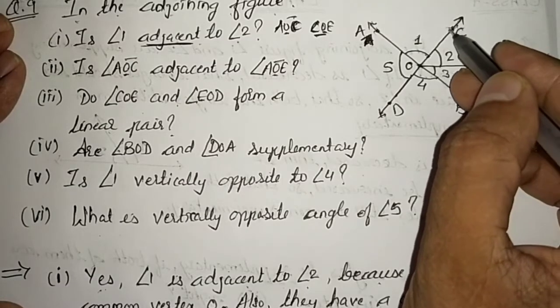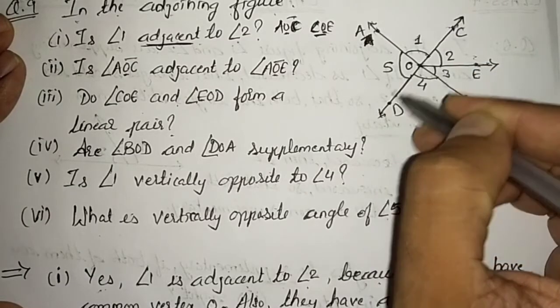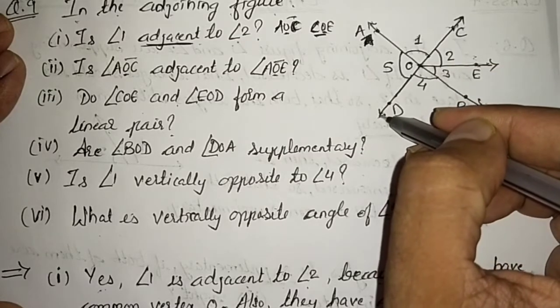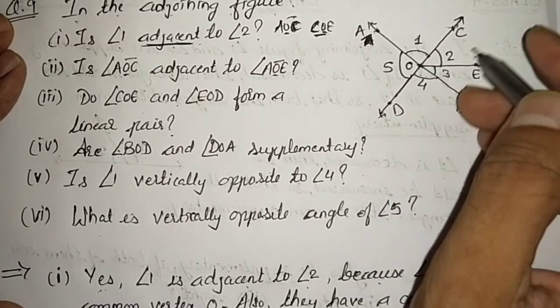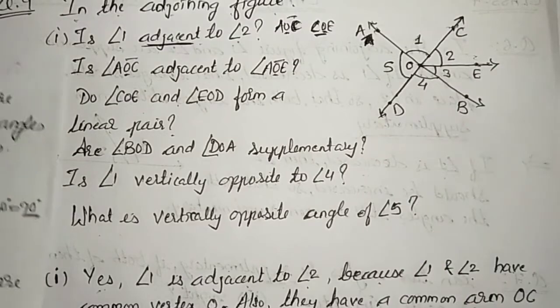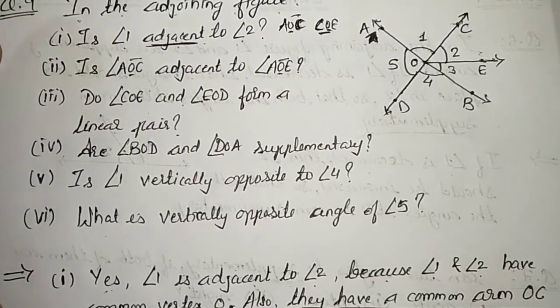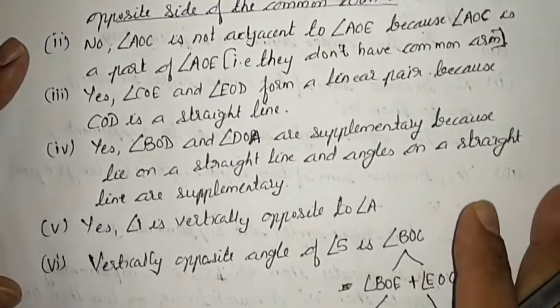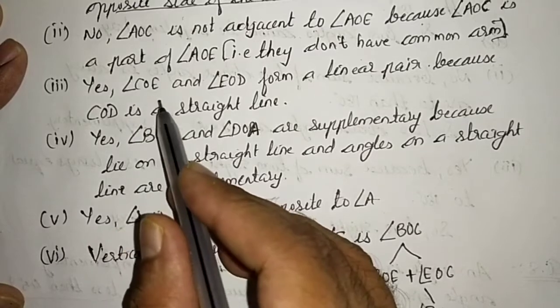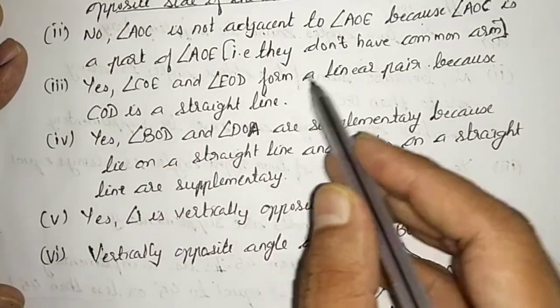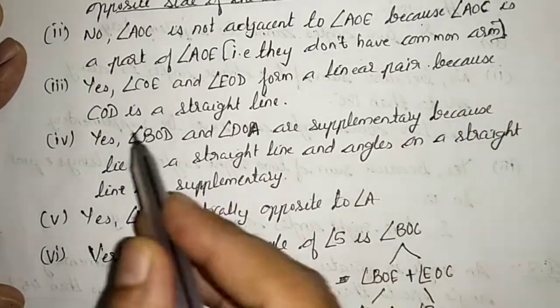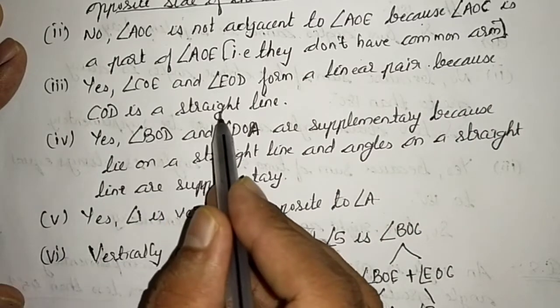Because they are lying on the straight line CD. And the angle on a straight line, I have explained in the introductory part, is 180 degrees. So it is supplementary. So we will write like this: yes, COE and EOD form a linear pair because they lie on the straight line COD.